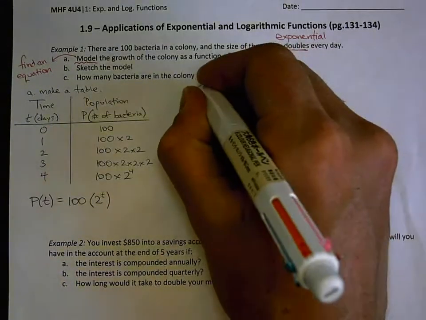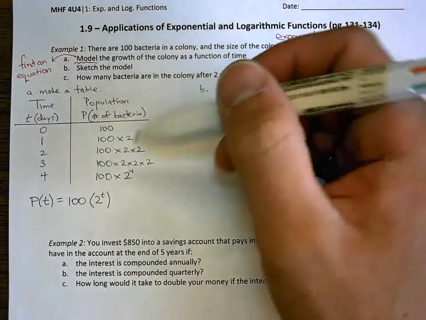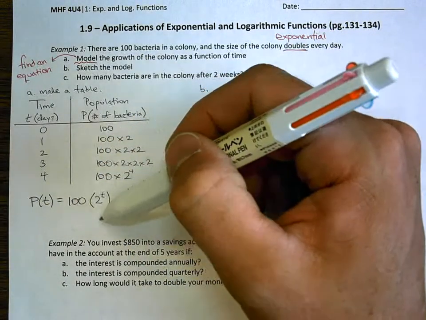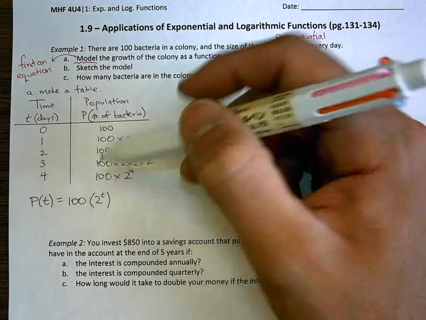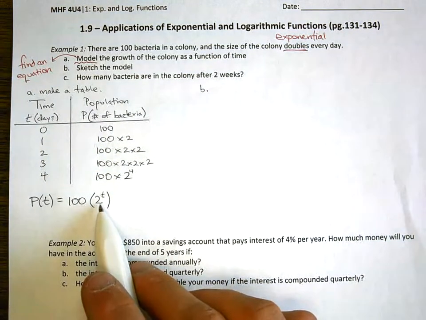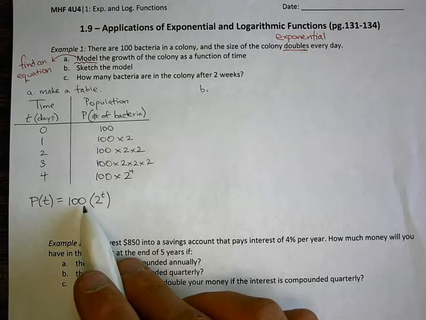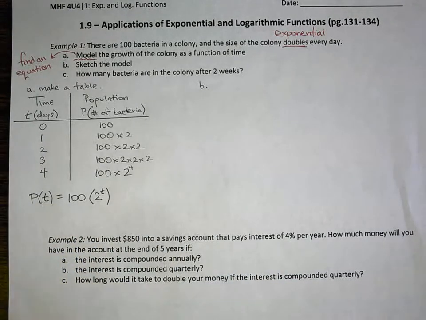Part B, sketch the model. Well, if you think about it, this is something I can do. This is just an exponential graph that has some transformations applied to it. The 100 in front is a vertical stretch, right? So someone has just stretched my graph.